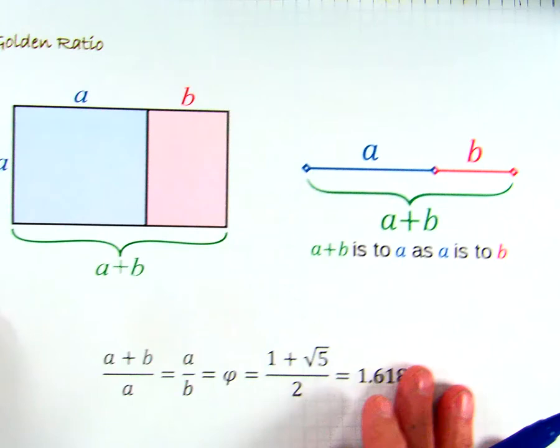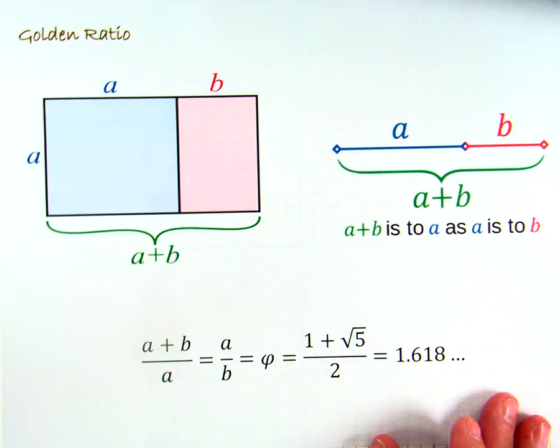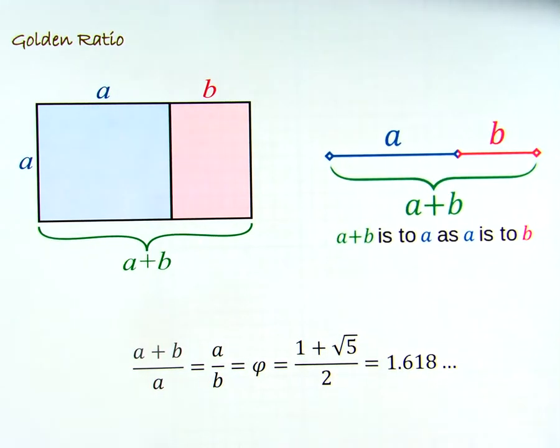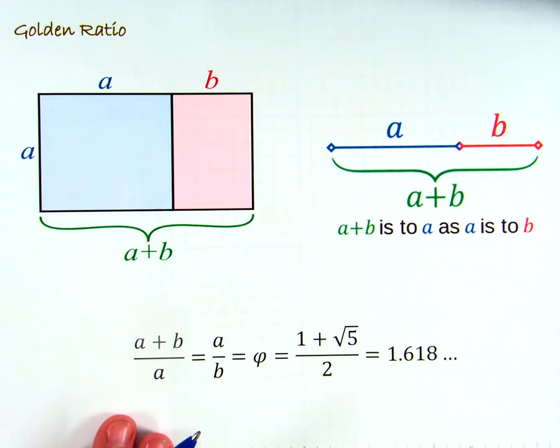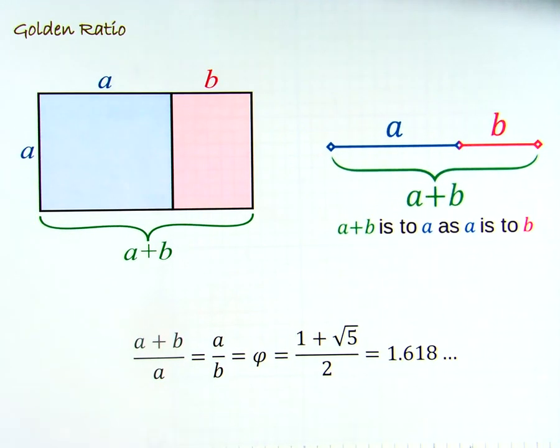It's also everywhere in nature, and it's everywhere in art, and it's used so much that it has its own name. It's the golden ratio, and this is how the golden ratio is shown.